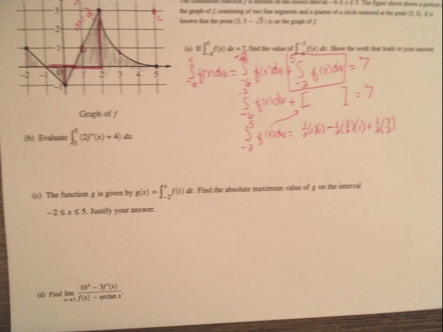And the height was 3. Now I have to find this area. Now here you have to be a little creative and use your geometry brain. So if you want to find this area, remember this was a semicircle. So I'm going to turn this into a square. So right here, notice this is a 3 by 3 square.